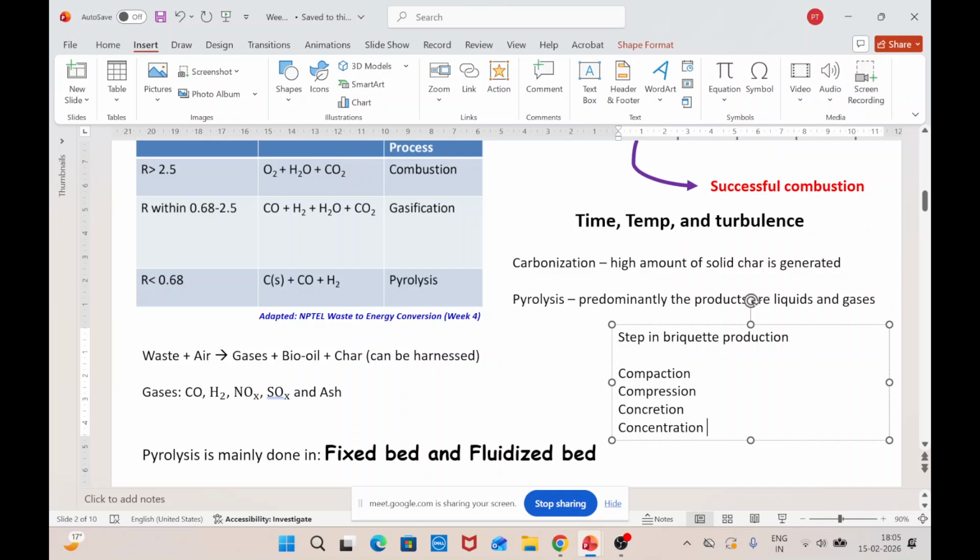As it keeps going, a pressure gradient is generated, and this pressure gradient forces the biomass waste through the die, and depending upon the dimension of the die, you are going to get a briquette or a pellet out of the system.